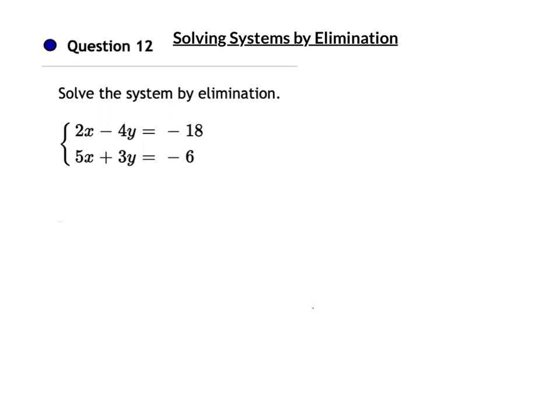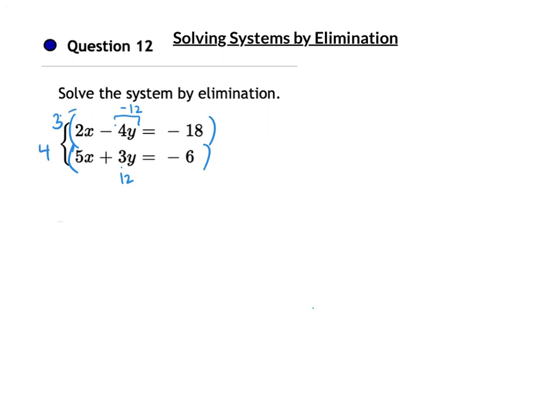I'm going to make the top one negative 12, which means I'm going to take 3 times 4, which makes negative 12 because it's negative 4. I want the bottom one to be positive 12. What do I multiply 3 by to make it positive 12? Well, that would be 4.